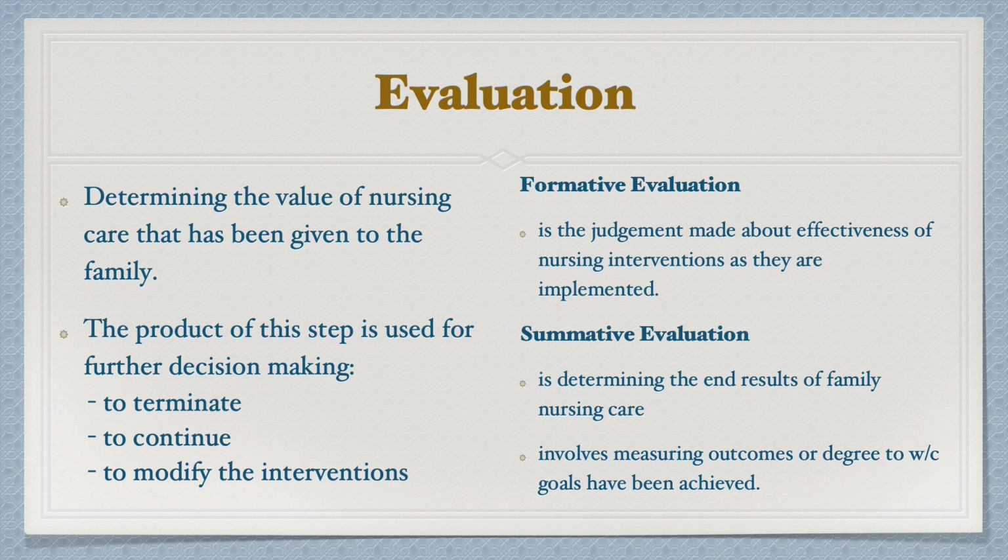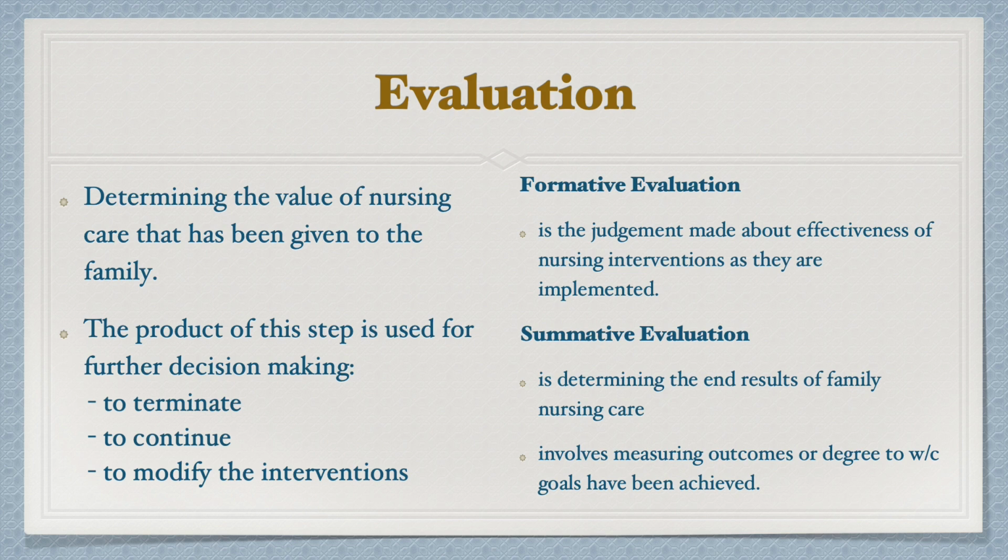So we have this formative evaluation, we also have the summative. So formative evaluation is the judgment made about effectiveness of nursing interventions as they are implemented. So that is ongoing and continuing while the family care plan is being implemented and the family nurse interactions are taking place.